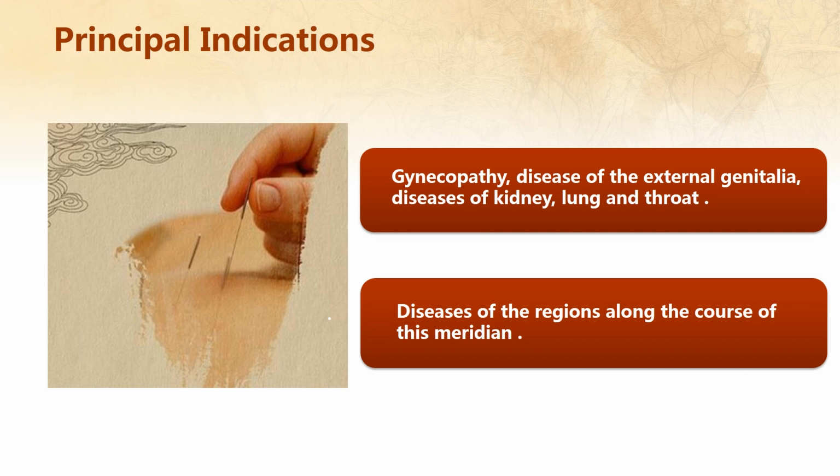Next, let's start to learn the principal indications of the kidney meridian of foot Shaoyin. Constipation, disease of the external genitalia, diseases of kidney, lung and throat, and other diseases of regions along the course of this meridian.